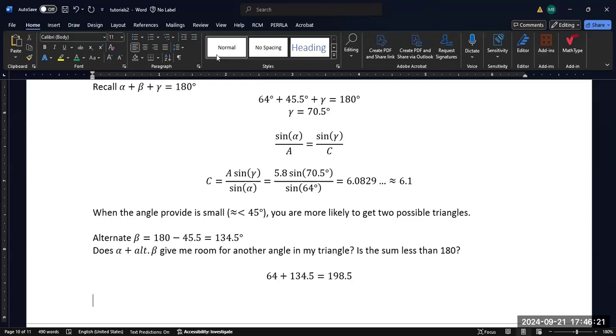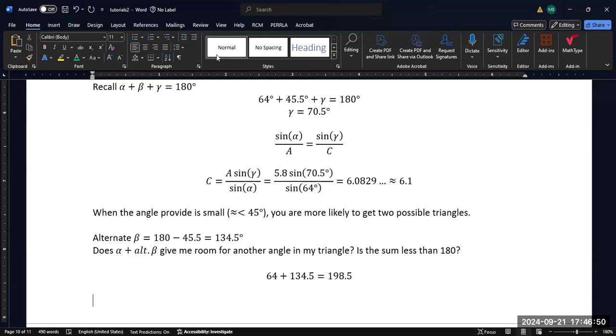But when that initial angle is very small, not 64 degrees, as I said, typically like in the first half of the first quadrant, so small, 30 degrees is somewhat common. Then you do run into the possibility that when you solve for that angle beta, you get an angle that can also give you not only an acute version, but also an obtuse version. And then you end up with two triangles.